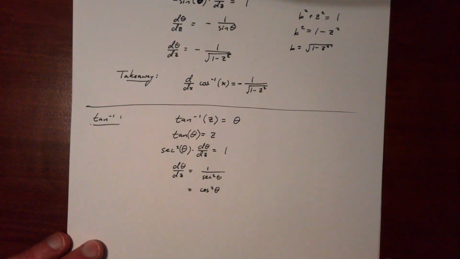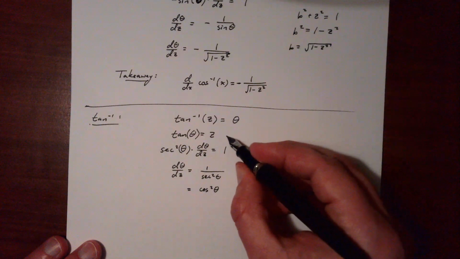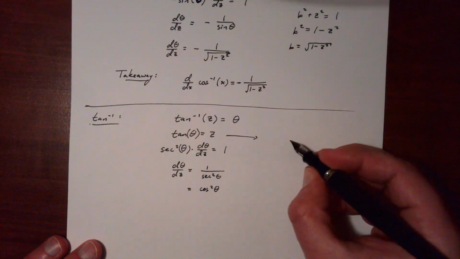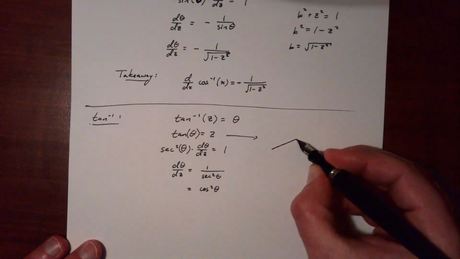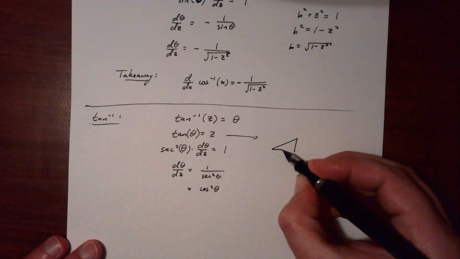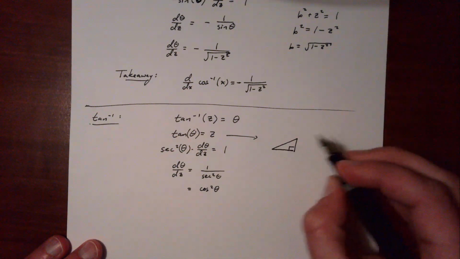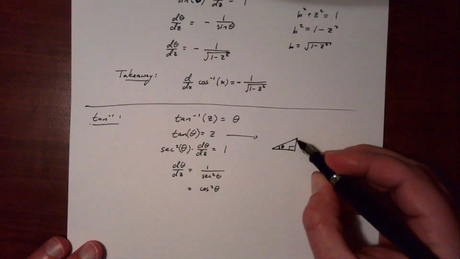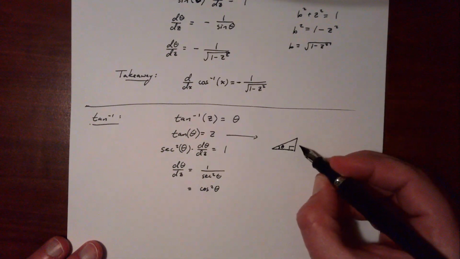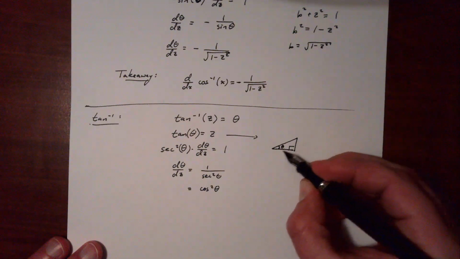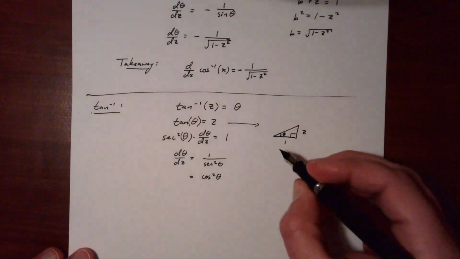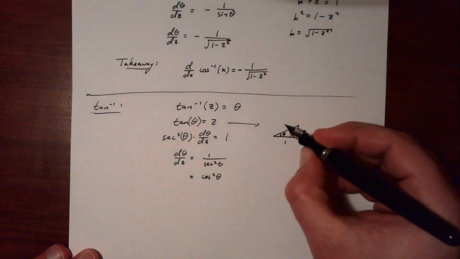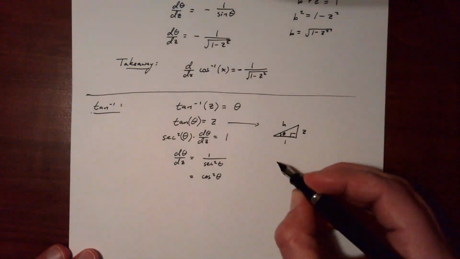Okay, so here now, for this one, if I want to set up a triangle that represents this angle, what I can do is create a triangle where the theta's here and the tangent of it equals z. Well, what's tangent? It's opposite over adjacent, so it's going to be z over 1. And so then, if I want the cosine of this angle, I just need the hypotenuse here.